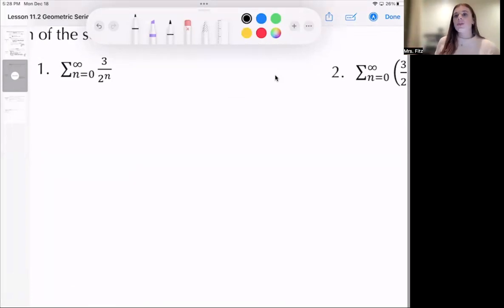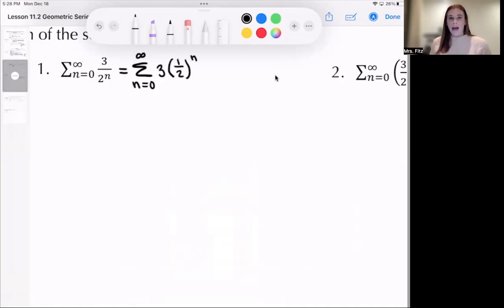Now, what we want to do is rewrite this in a way that looks like the form for a geometric series. We can rewrite it as the sum from n equals 0 to infinity of 3 times 1 over 2 to the nth power. We can pull that 3 out. We have 1 over 2 to the nth, which really is 1/2 to the nth power.